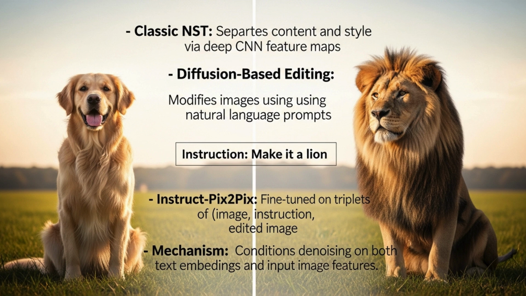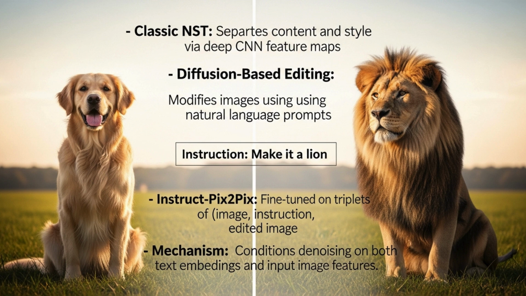The innovation here was creating a massive dataset of triplets: an input image, an editing instruction like turn the cat into a tiger, and the corresponding output image. The model isn't just a text-to-image generator, it's fine-tuned specifically for the task of editing.